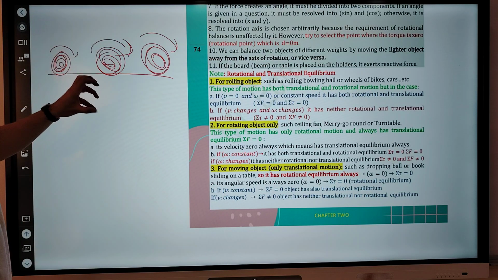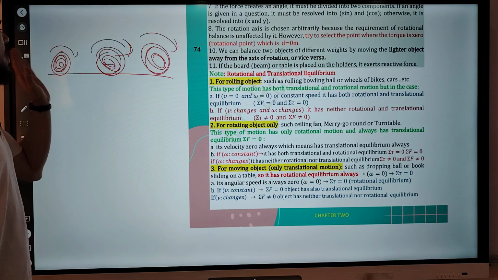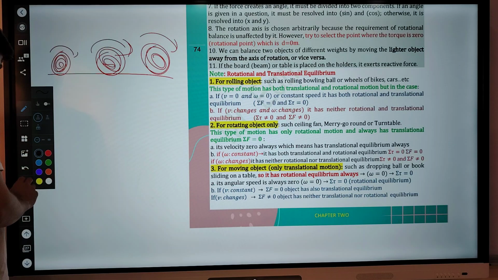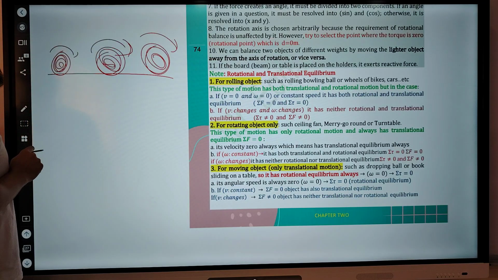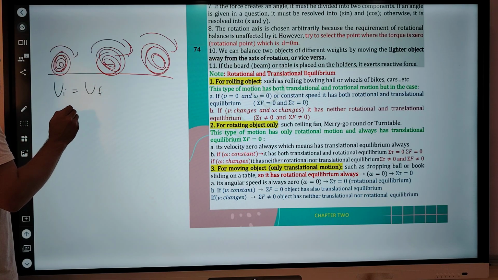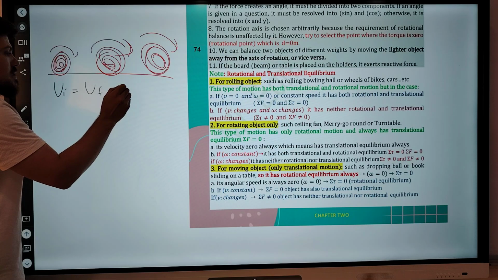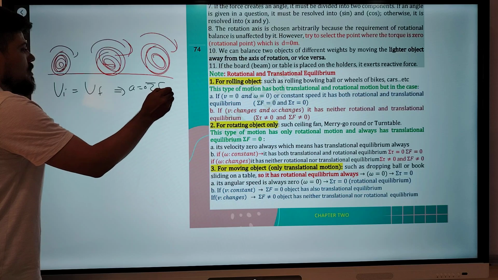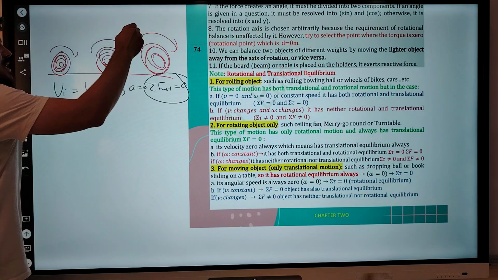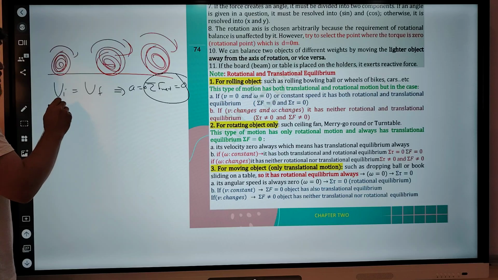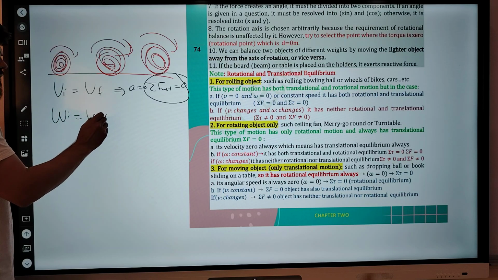Okay? So in that case, for a rolling object, if the object is rolling or moving with constant velocity, listen carefully please, if V initial is equal to V final, in that case acceleration is 0 and net force is 0. The object has translational equilibrium. When V initial is equal to V final, also omega initial is equal to omega final.